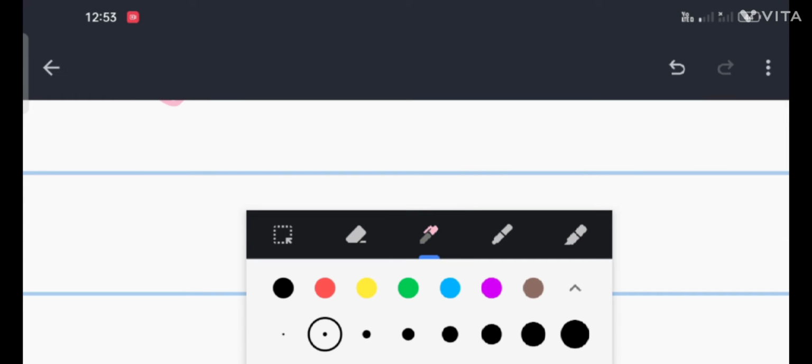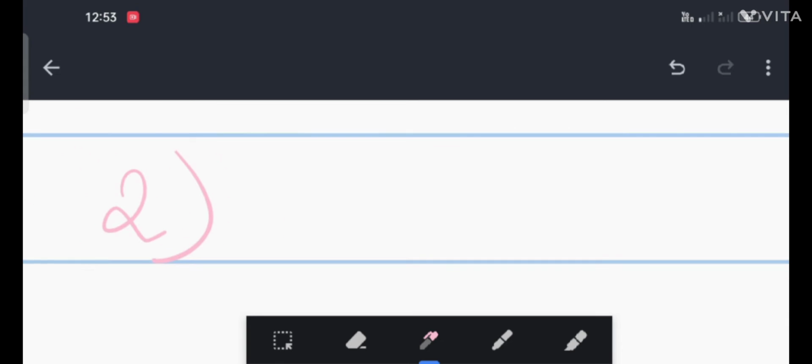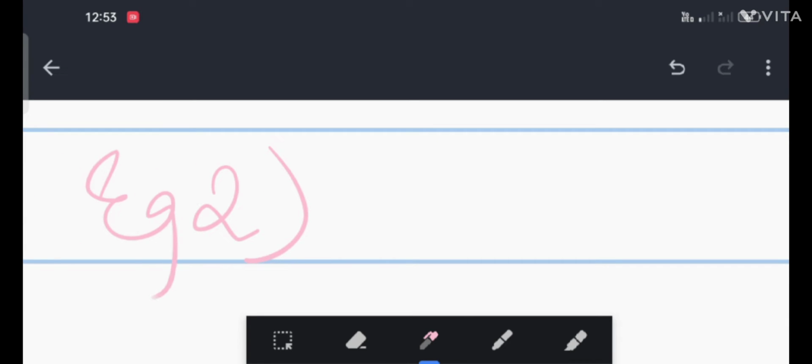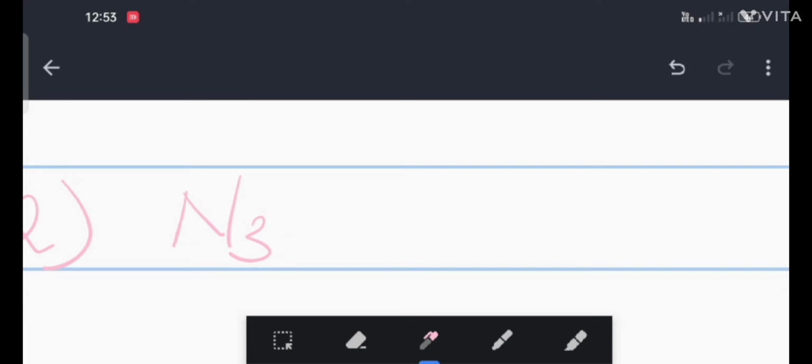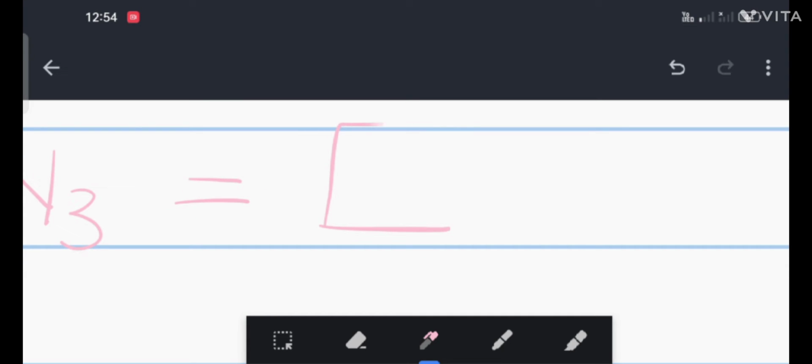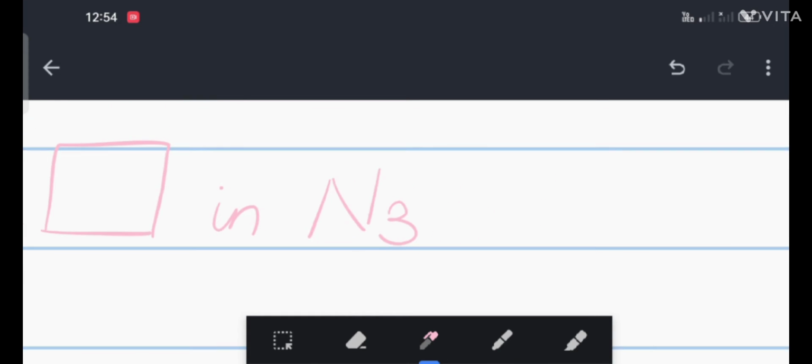Let's take another example. Example 2, which is N3. Now can you guess the number of atoms in N3?